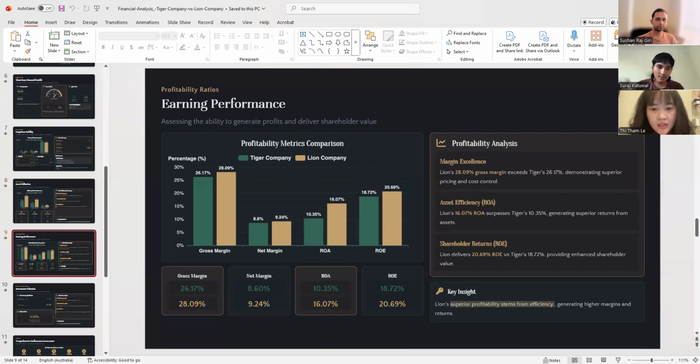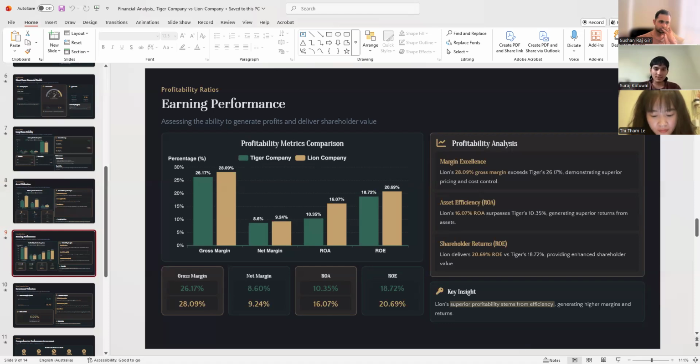Thank you. Moving on to the next slide, efficiency ratios. Efficiency ratios highlight how well management utilizes company assets. Lion Company significantly outperforms Tiger in receivable days, collecting payments 33 days faster. Inventory management is also stronger, with Lion holding inventory for 62 days compared to 121 days for Tiger.